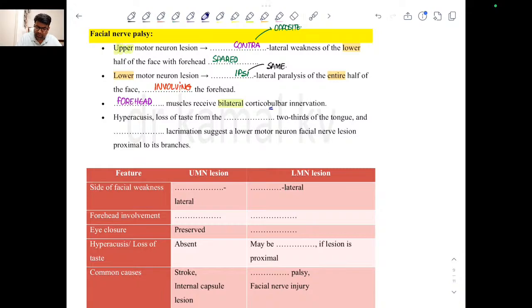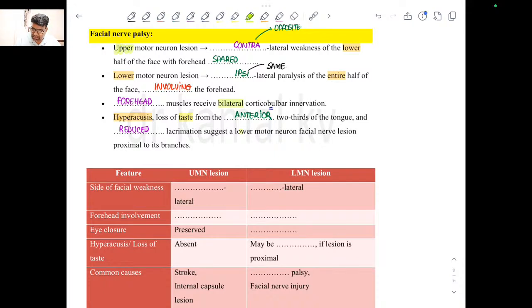Then hyperacusis. Hyperacusis means intolerance to loud sounds. Loss of taste sensation from the anterior two-thirds of the tongue through the chorda tympani, I think most of you must be knowing, and reduced lacrimation, involvement of the lacrimal gland.